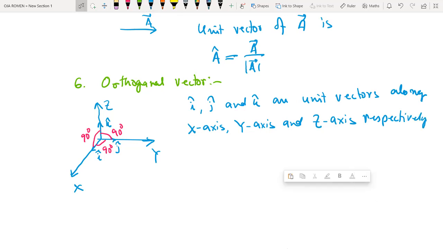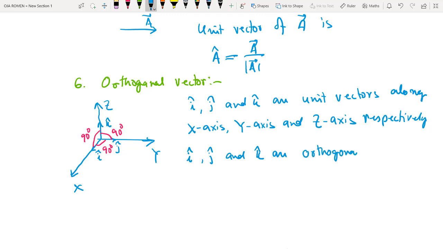Then i, j, k are said to be orthogonal vectors. Means i is orthogonal to j, j is orthogonal to k, k is orthogonal to i, etc.